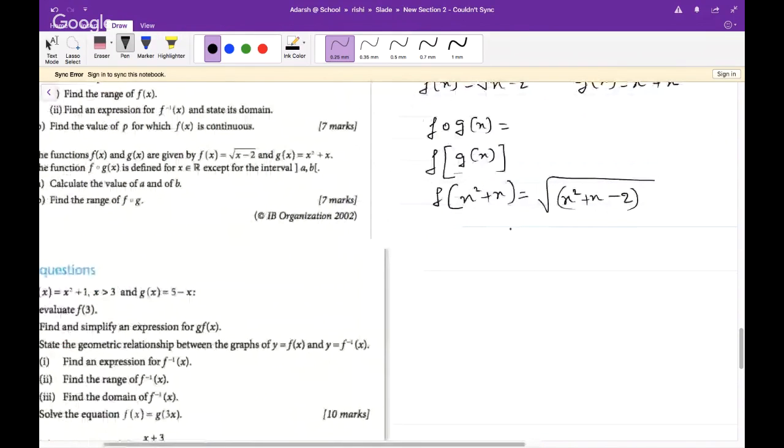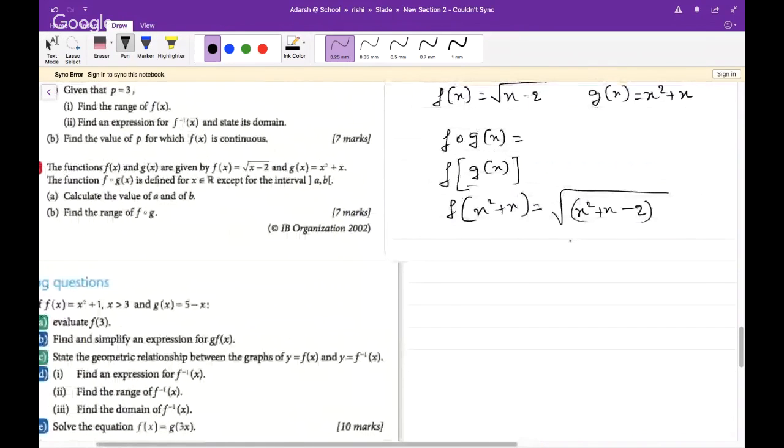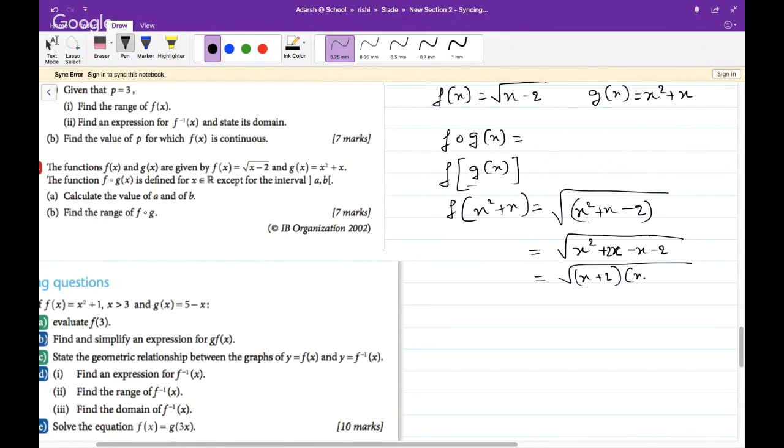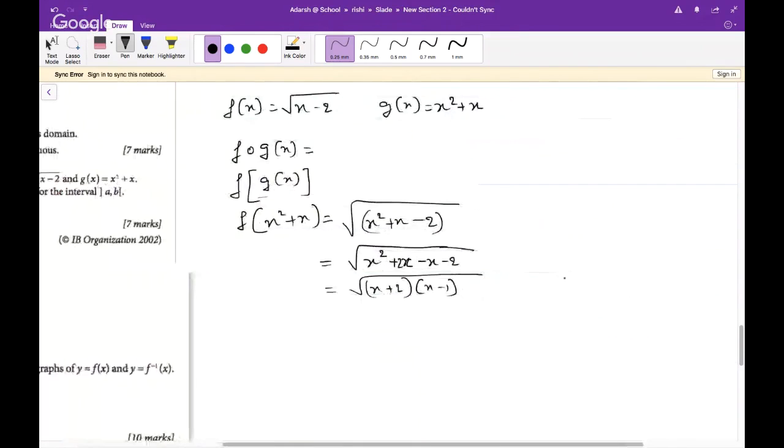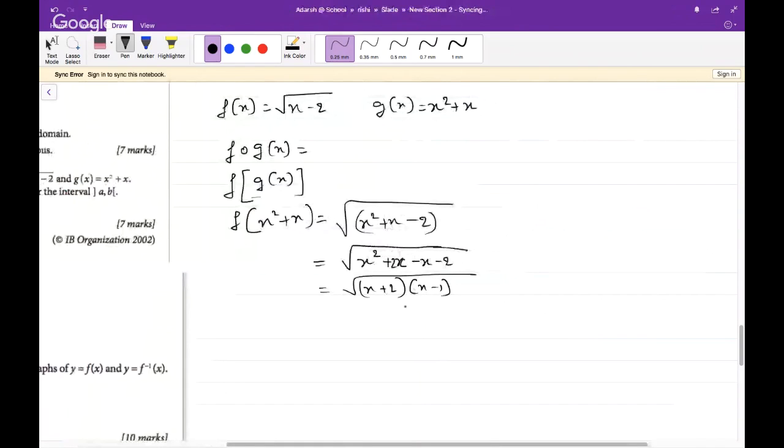Now we can factorize this, so we end up getting x plus 2 into x minus 1. Now look at this. These two things together have to be greater than 0, okay, since the root should always be positive.